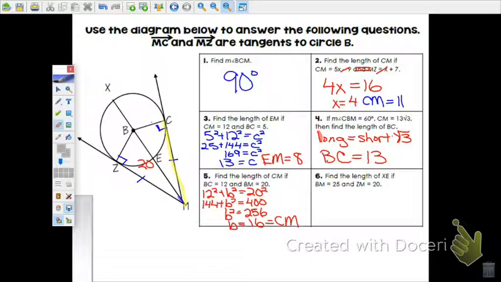And then the last one says to find the length of XE.